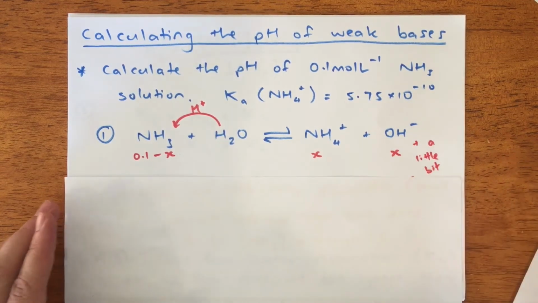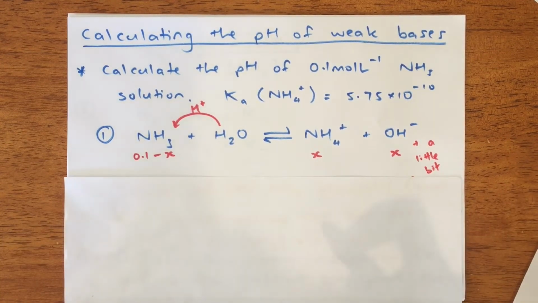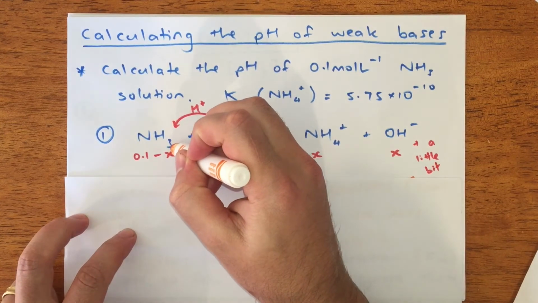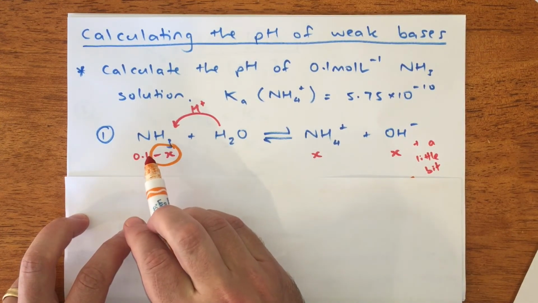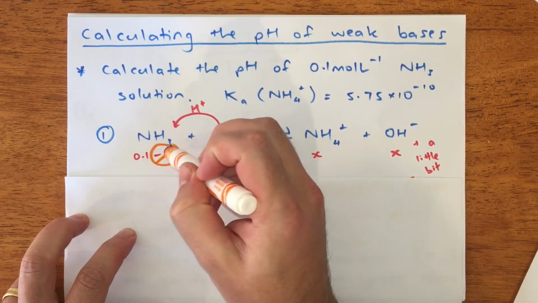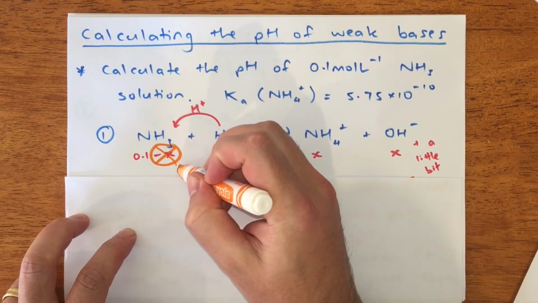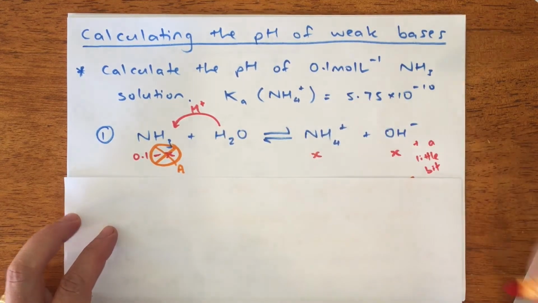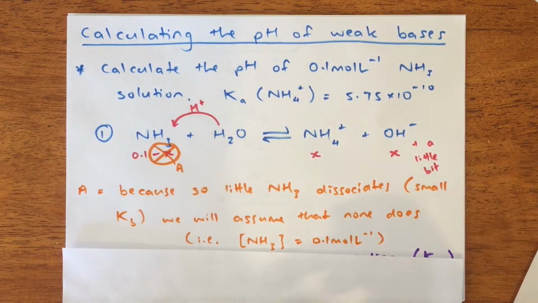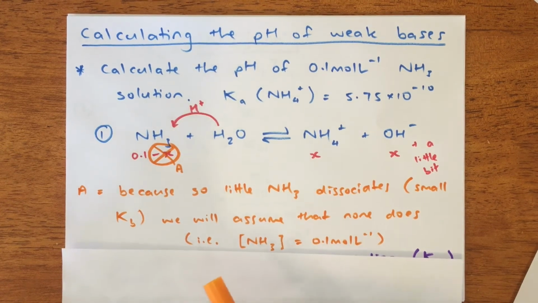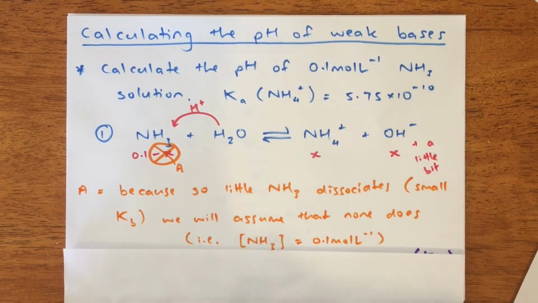Again, we are going to make two assumptions. Assumption A is that because so little NH3 actually dissociates, we're going to say none of it does. I've written that here below because so little NH3 dissociates, evidenced by our small Kb, which we'll come across shortly.